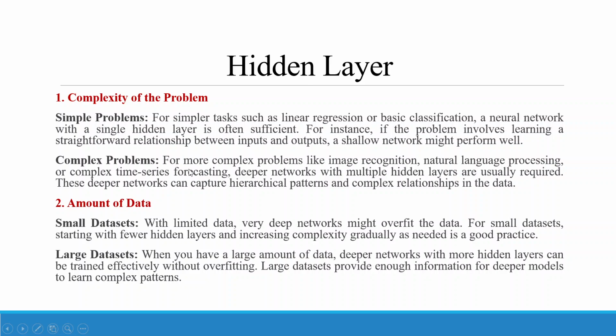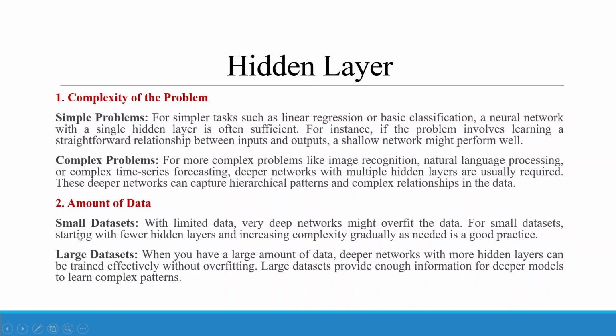Complex problems. For more complex problems like image recognition, natural language processing, or complex time series forecasting, deeper networks with multiple hidden layers are usually required. These deeper networks can capture hierarchical patterns and complex relationships in the data.